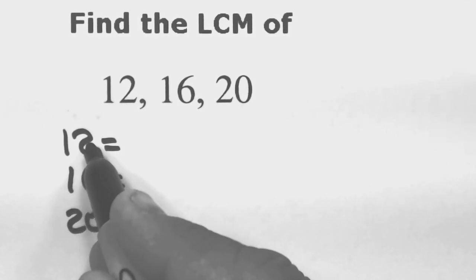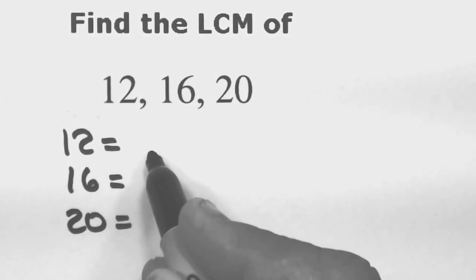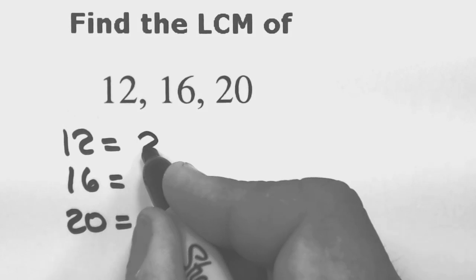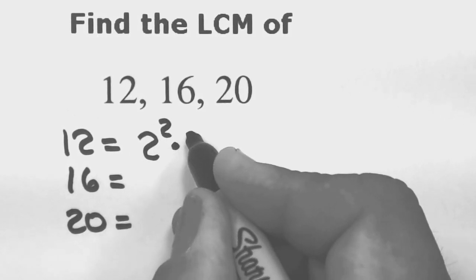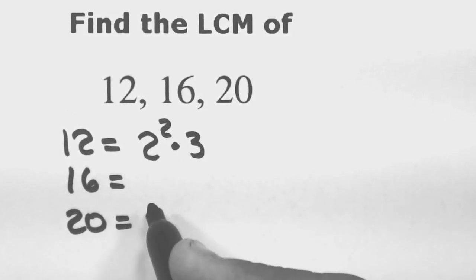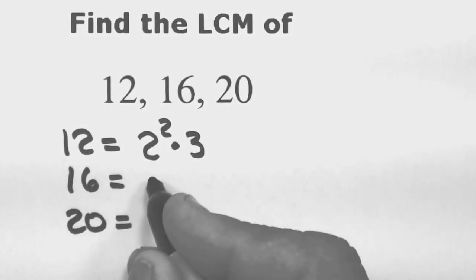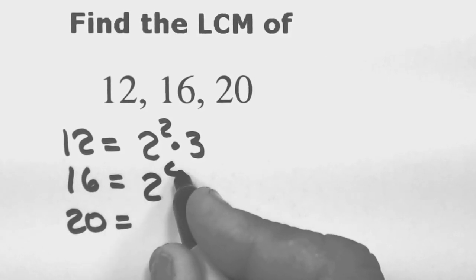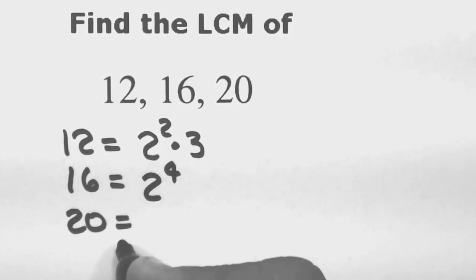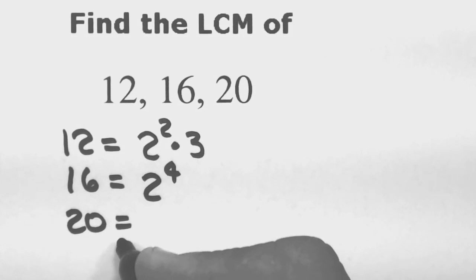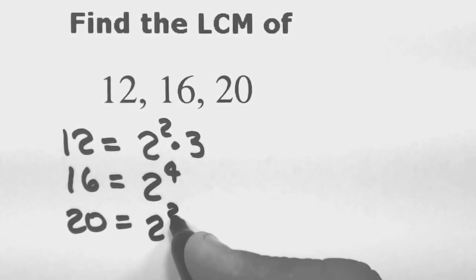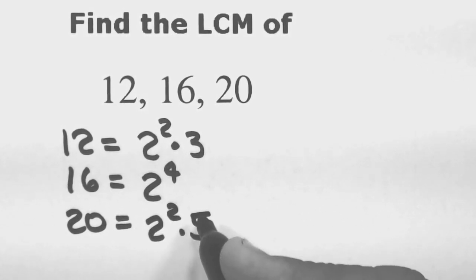Again, 12 is 4 times 3, and we know 4 is 2 squared, so the prime factorization of 12 is 2 squared times 3. 16 is just made out of 2's, a total of 4 of them, 2 to the 4th. 20 is 4 times 5. Well, 4 is 2 squared, times 5.